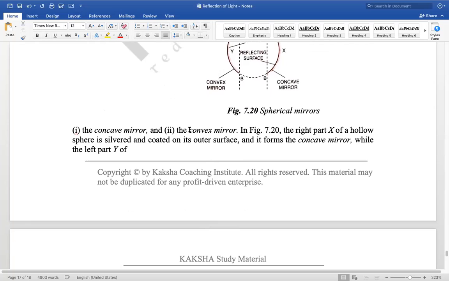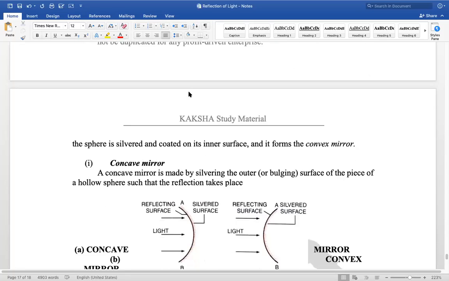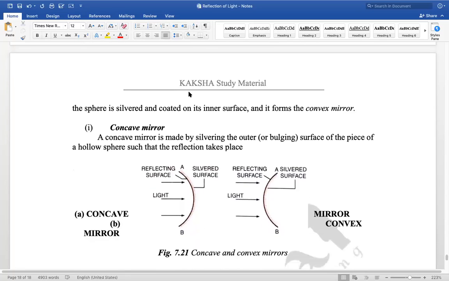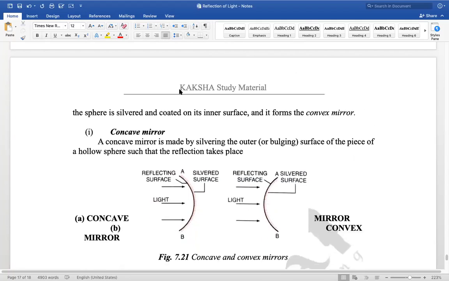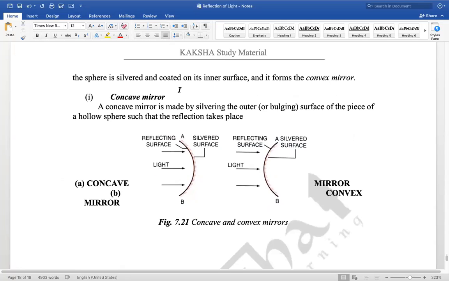In this figure, the right part X of a hollow sphere is silvered and coated on its outer surface, and it forms the concave mirror, while the left part Y of the sphere is silvered and coated on its inner surface, and it forms a convex mirror.